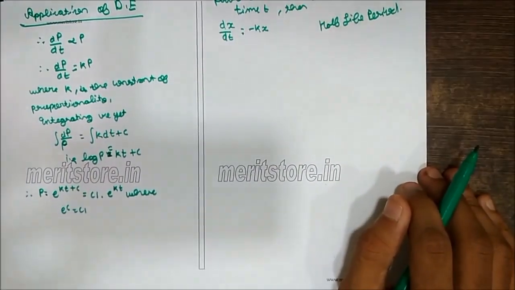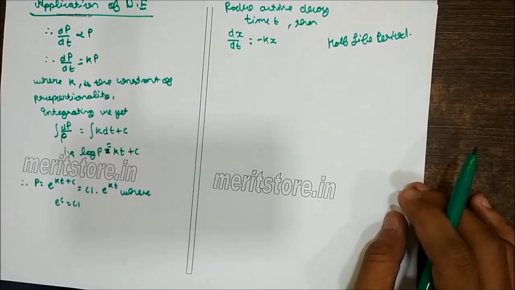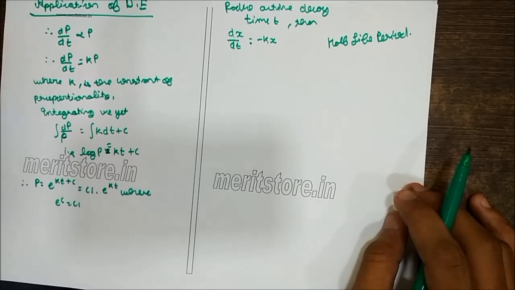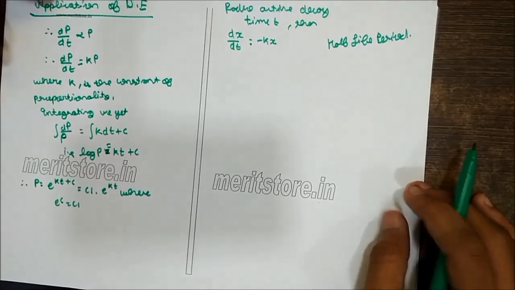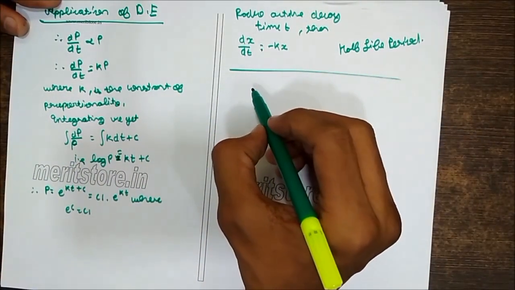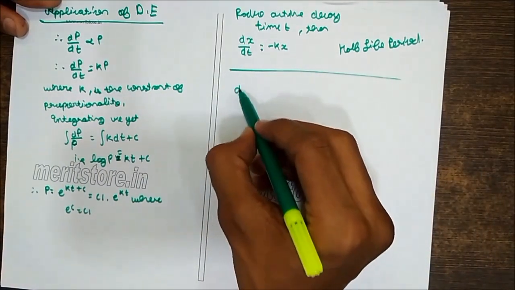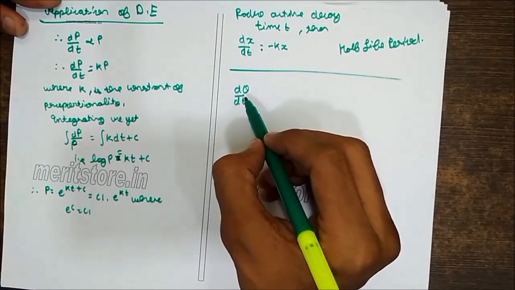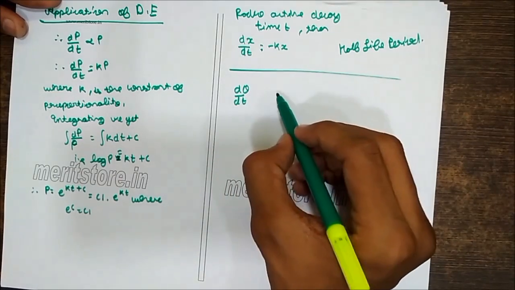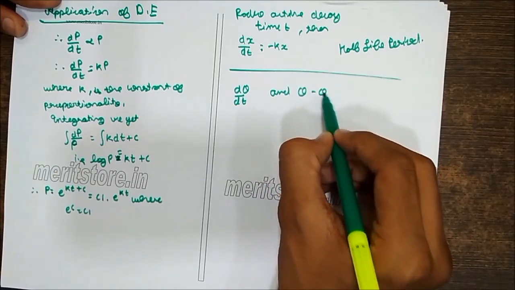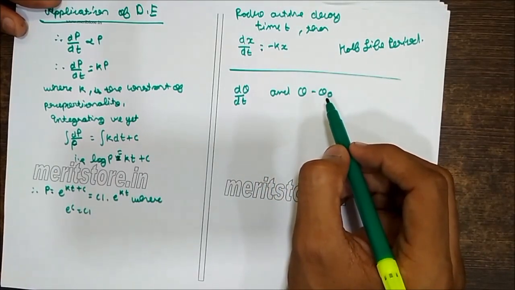And another type of sum which can come is Newton's law of cooling. The rate of change of cooling of a heated body at any time is proportional to the difference between the temperature of the body and that of its surroundings. Let theta be the temperature of the body at time t and theta 0 be the temperature of the medium. Then d theta by dt is the rate of change of temperature with respect to time t, and theta minus theta 0 is the difference of temperature at time t.